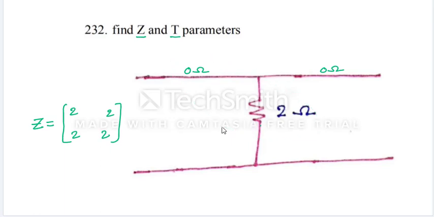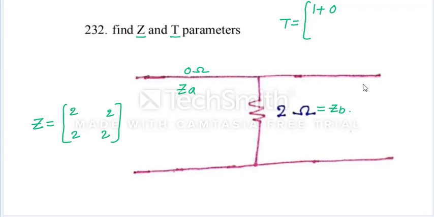This is for Z parameters. Next, T parameters. T parameter, the standard network is what? Inverted L shape now here? Is it inverted L shape or not? So I can call this as a ZA, this as a ZB now. Now tell me the T network, T parameters is what? 1 plus ZA by ZB, that is 0.